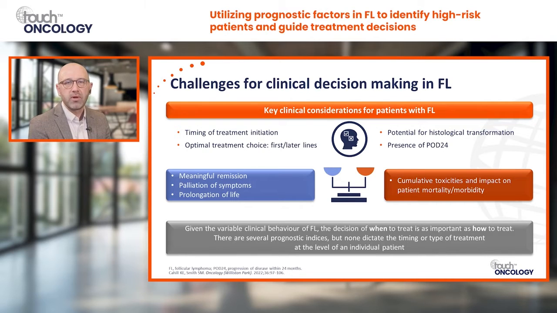In follicular lymphoma, there's a lot of heterogeneity, and based on this clinical heterogeneity, really the decision of when to treat is as important as the decision on how to treat the patient. And cumulatively, we need to really use these different prognostic indices that we'll get into to potentially guide that. But ultimately, the decision is really individualized in these contexts.